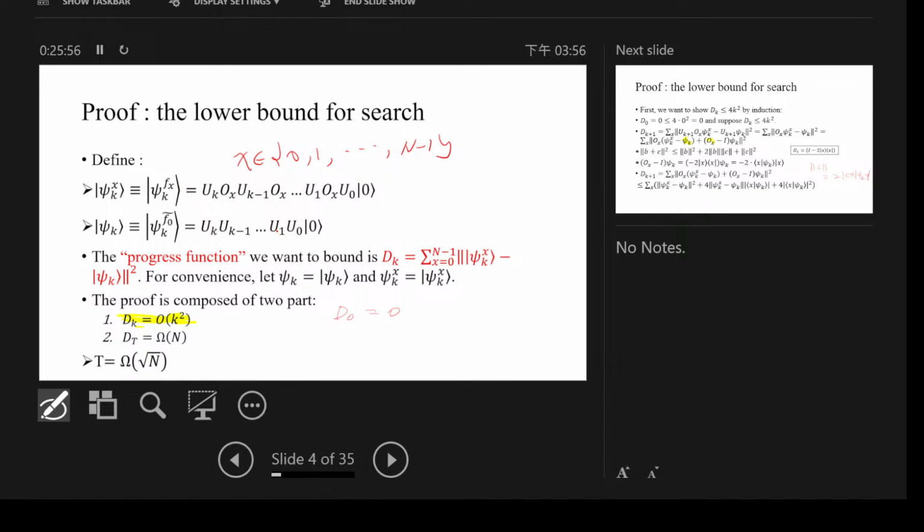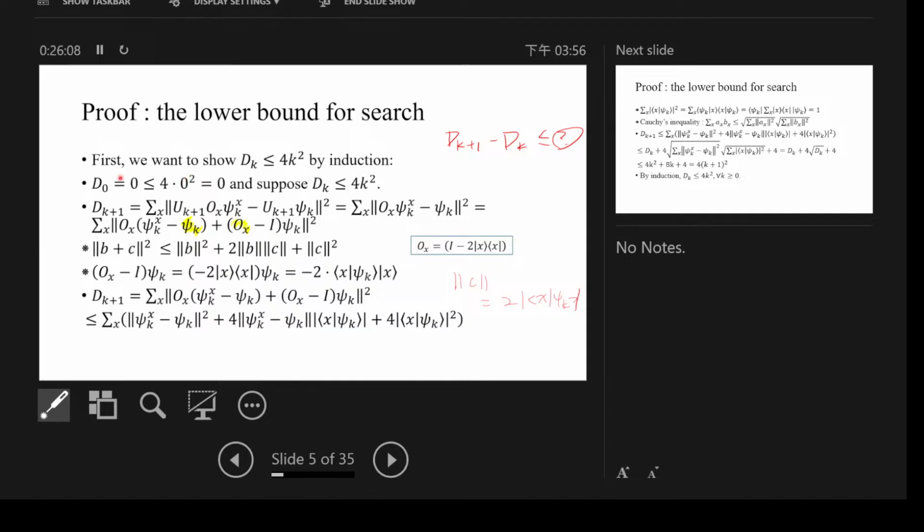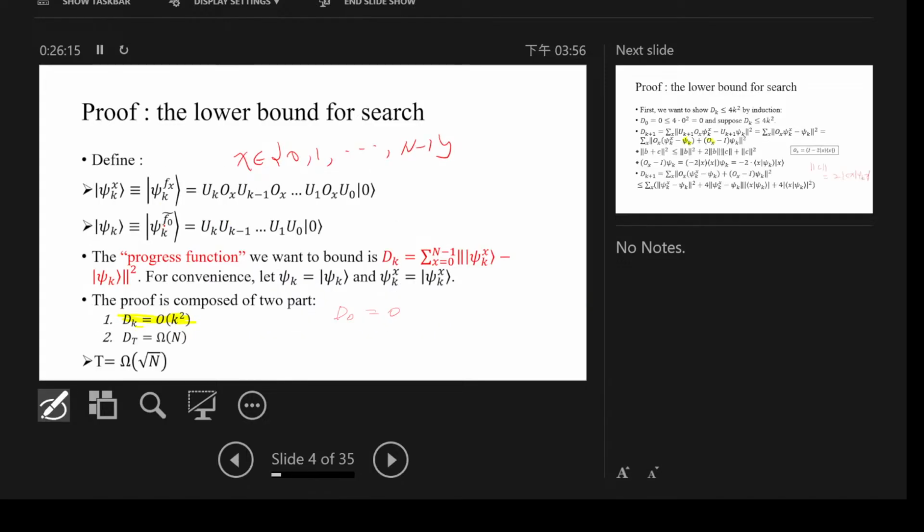Okay, and here you see that for k plus 1 you have 2 more terms. So this is psi xk, and when you get k plus 1, you get 2 more terms here: the extra ox and uk plus 1, because on each k you get 2 of them.